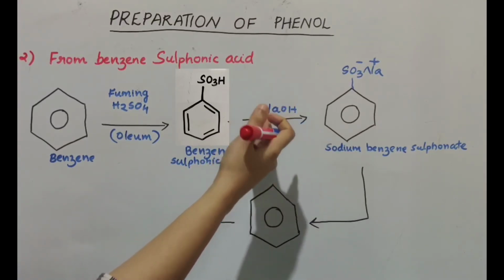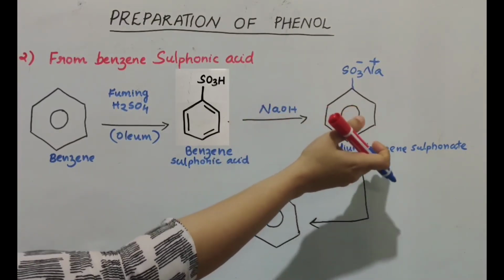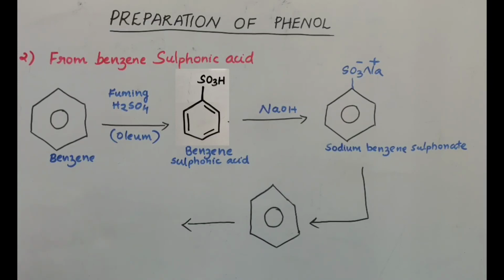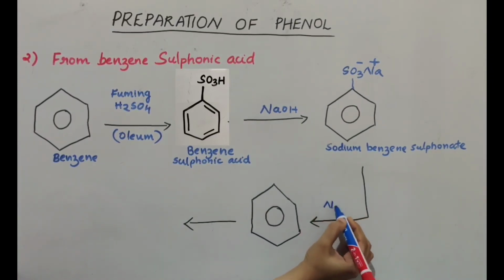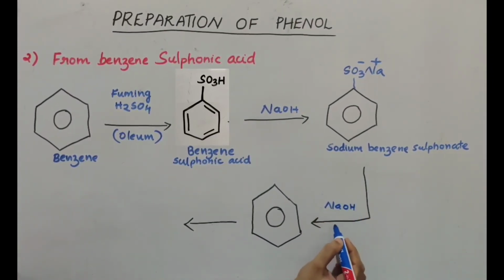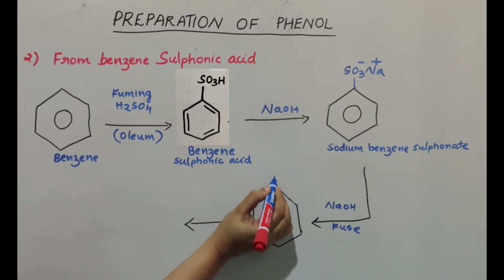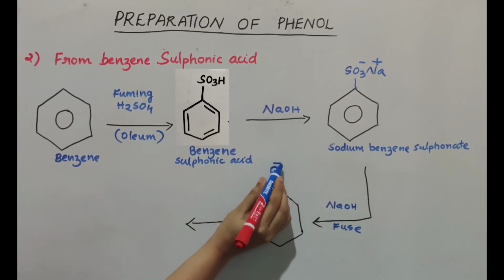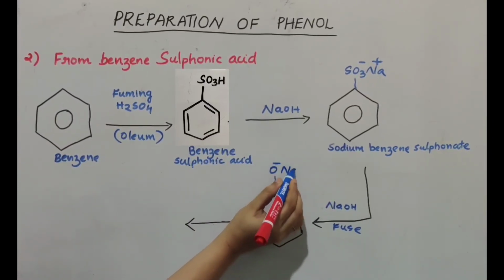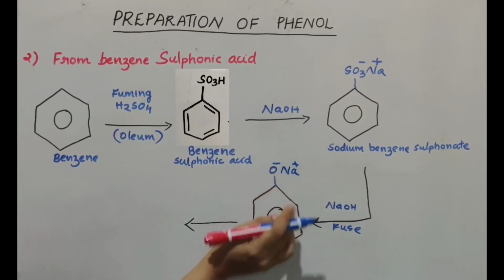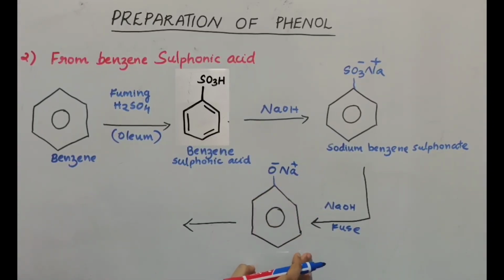By treating with NaOH, firstly we get sodium benzene sulfonate, and then again fusing with NaOH, we will get sodium phenoxide, that is O minus Na plus. This is sodium phenoxide.